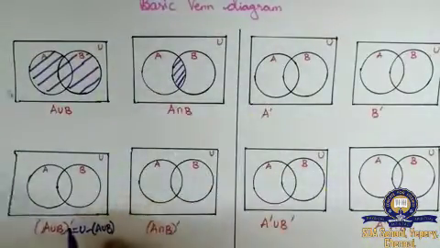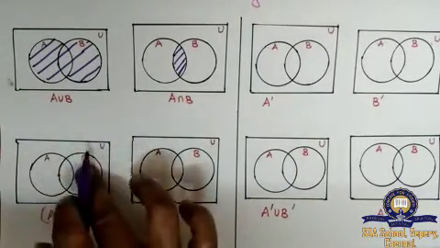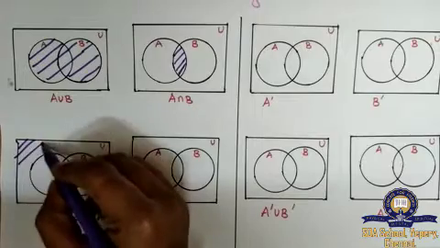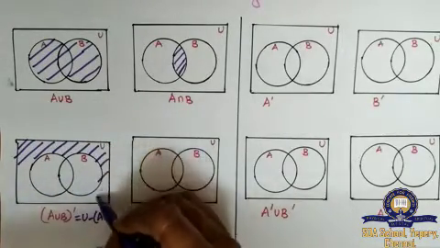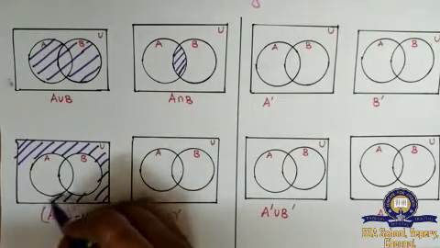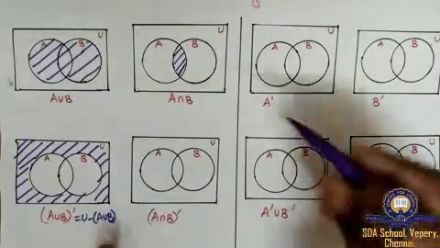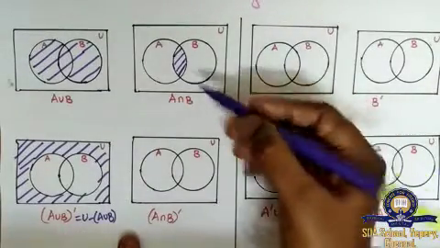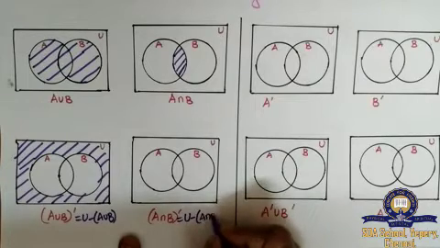That is said to be (A union B) dash. So I am going to leave the A union B part and shade the other universal part. See, I have shaded.